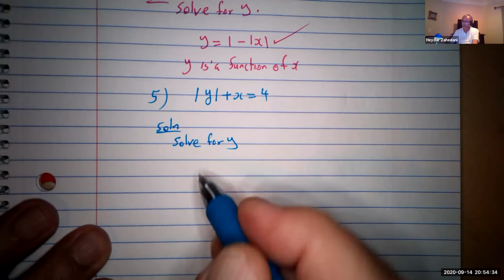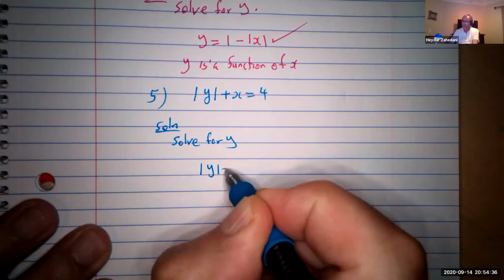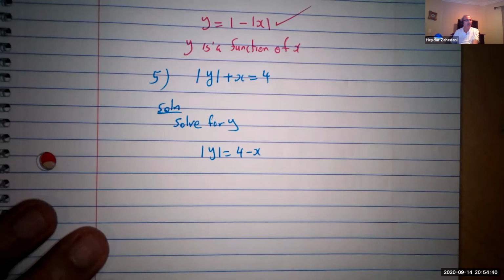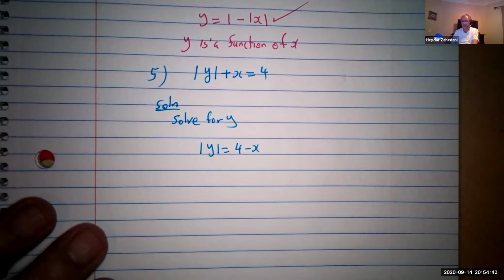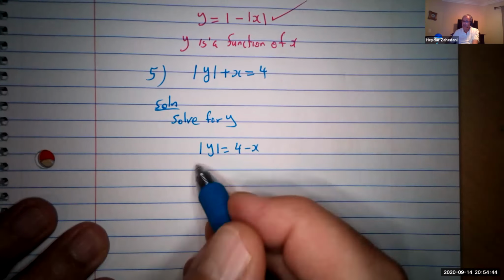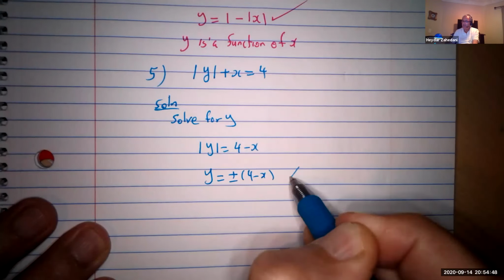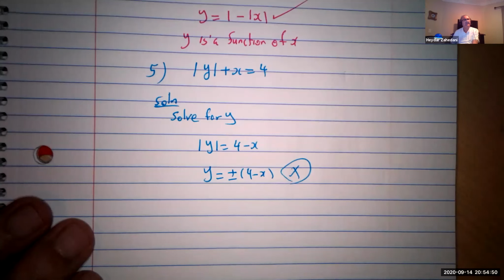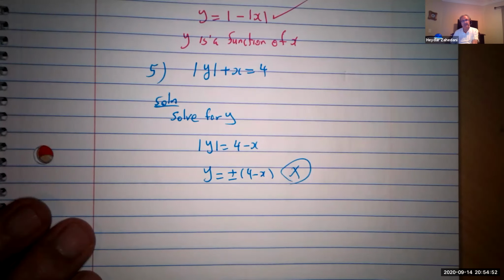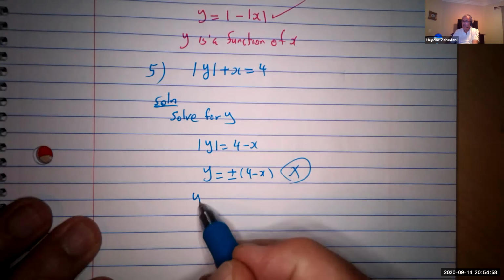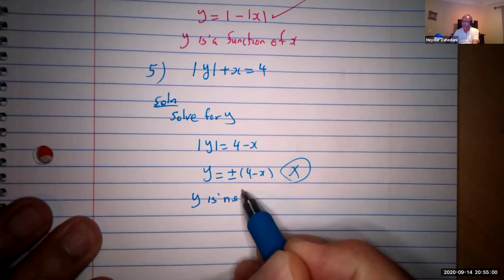If you solve for y, that gives absolute value of y equal to 4 minus x. Okay, you want to drop the absolute value, you have to pay for it. The pay is positive negative, you see? I give you x, you give me 2 y's. So this means y is not a function of x.